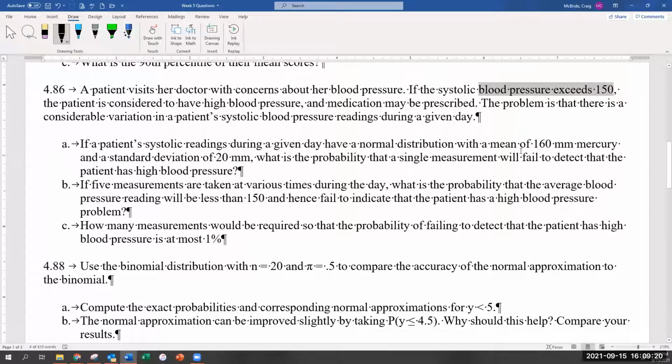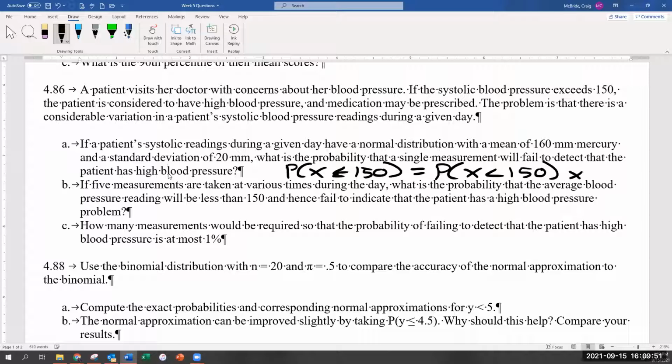So failing to detect it just means that that one measurement is 150 or below. That's really just a fancy way of saying, what's the probability that X is less than or equal to 150, which, remember, because this is continuous, is the exact same thing as the probability that X is strictly less than 150. Doesn't really matter either way you think about it.